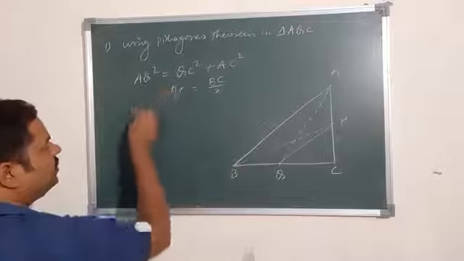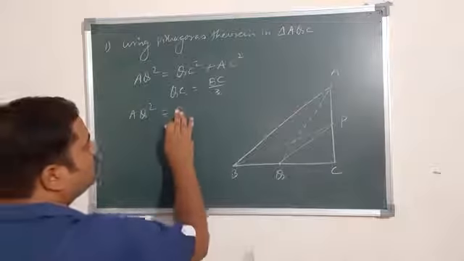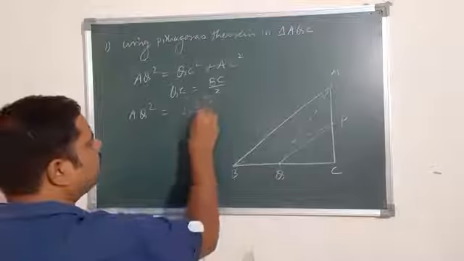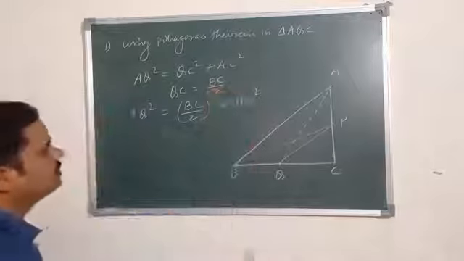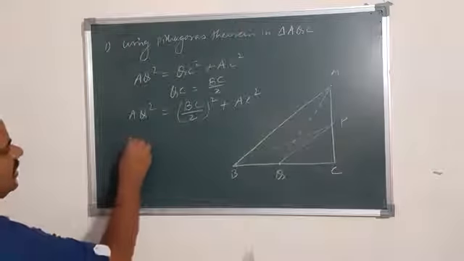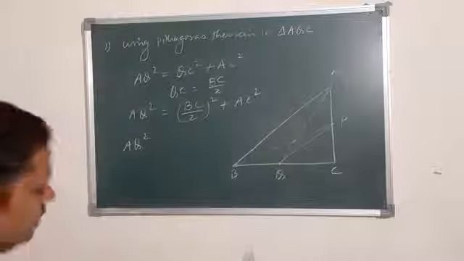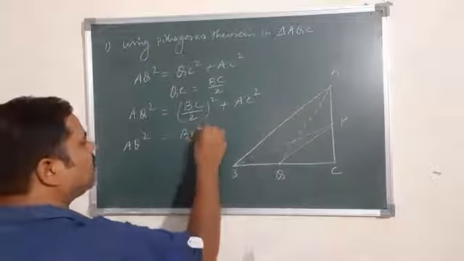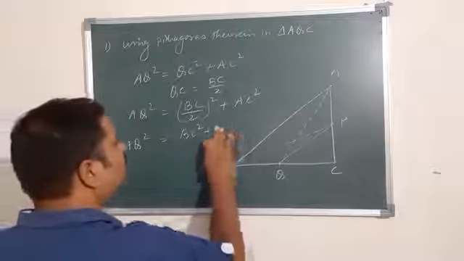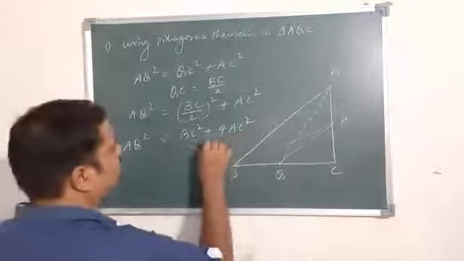So put this value in our equation. We will get AQ square is equal to BC by 2 whole square plus AC square. This is BC square plus 4 times AC square, divided by 4.